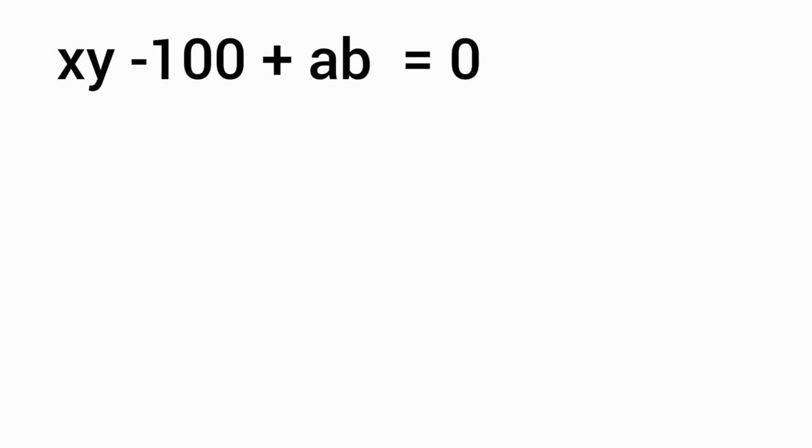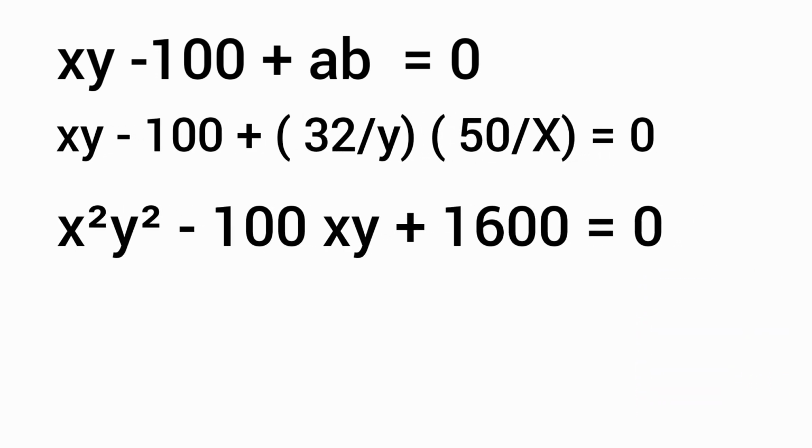Now, just replace that A and B by 32 by Y and 50 by X. We get the equation X square Y square minus 100XY plus 1600 is equal to 0.